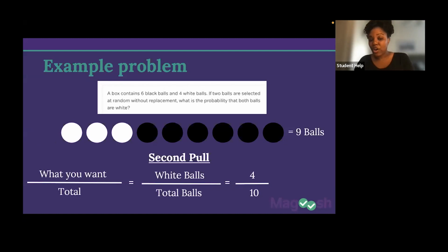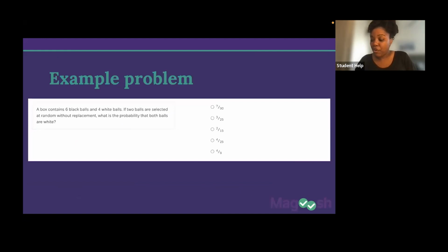So is our probability of getting a white ball still 4/10? No, it's 3/9, right? So we have two values now. We have 4/10 and we have 3/9.